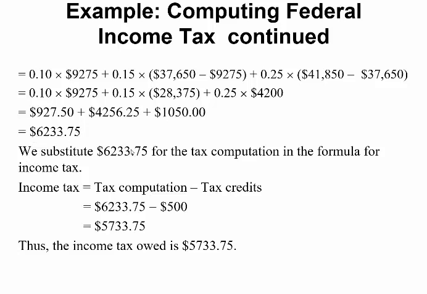So we substitute this in for the tax computation in the formula for the income tax, but we subtract away $500 because she had a tax credit. So she would owe $5,733.75. That's how much she owes in income tax.